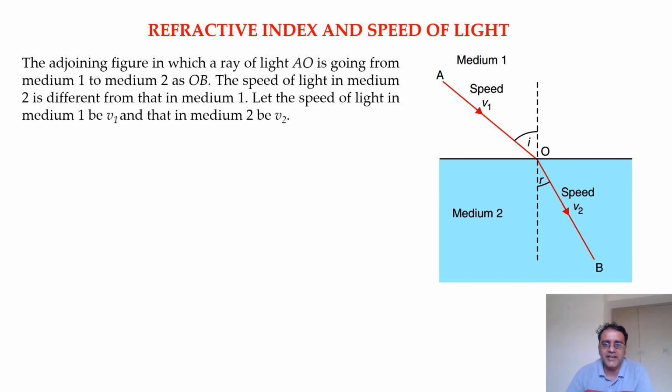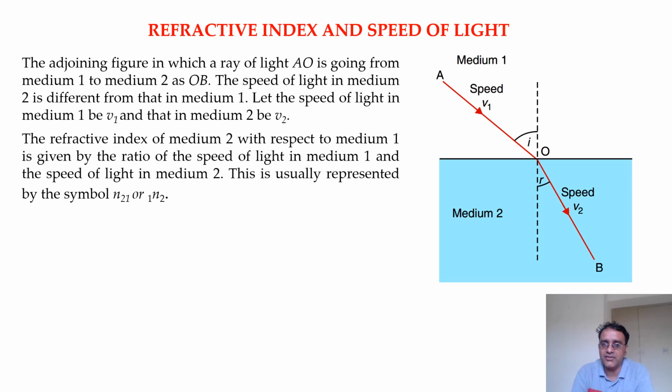So the adjoining figure in which a ray of light AO is going from medium 1 to medium 2 as OB, the speed of light in medium 2 is different from that in medium 1. Then let the speed of light in medium 1 be V1 and that in medium 2 be V2. Okay.